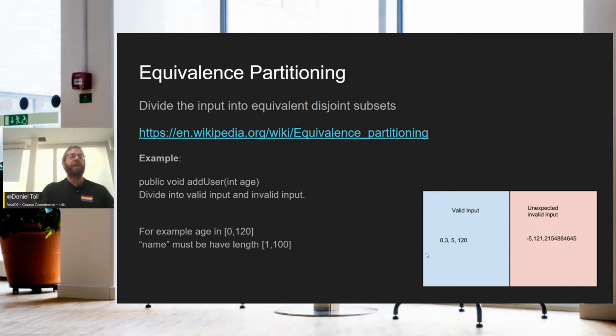Valid input could be ages from 0 to 120 or something like that. And invalid input could be negative numbers or 121, because we don't believe that we will ever get anyone who wants to watch this movie who is 121 years old.